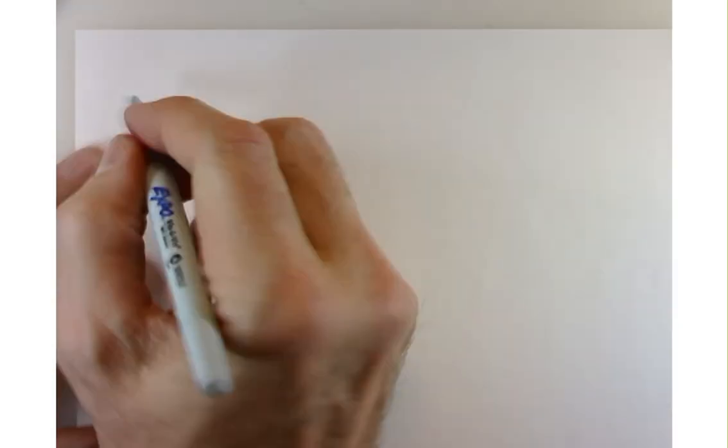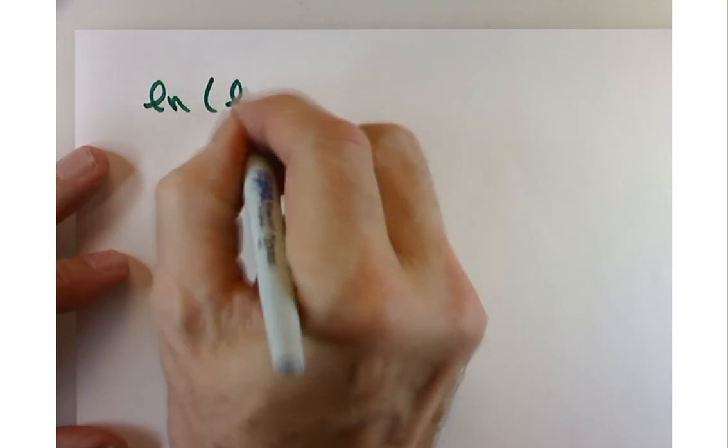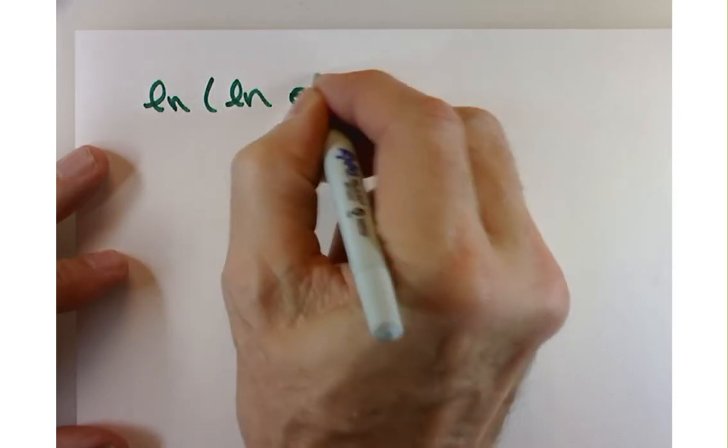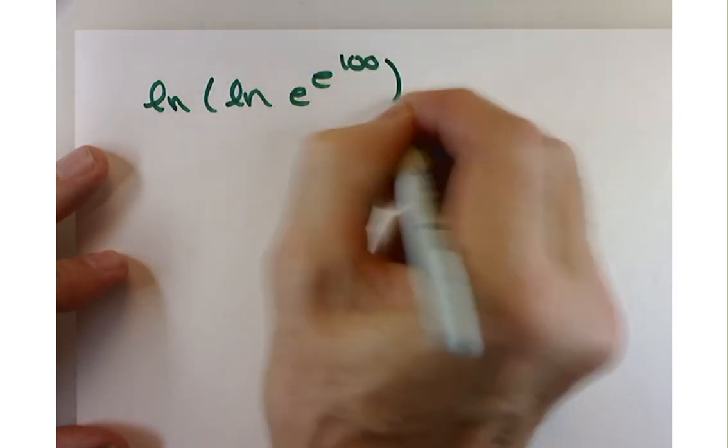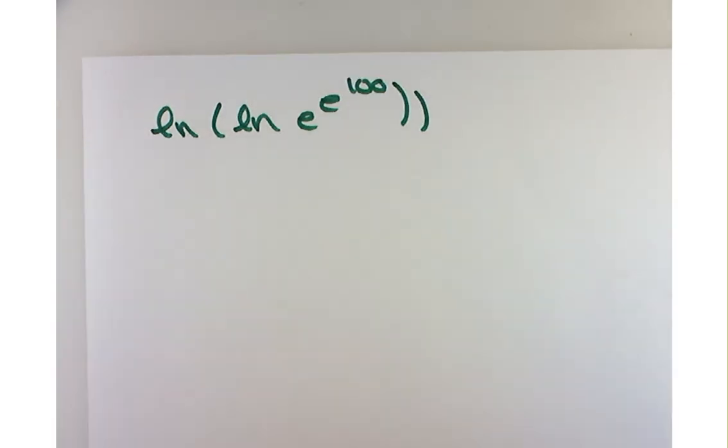Ln of the ln of e to the 100. So let me just write that down here. Ln of the ln of e to the 100. Okay, this is a nice problem in a couple ways.